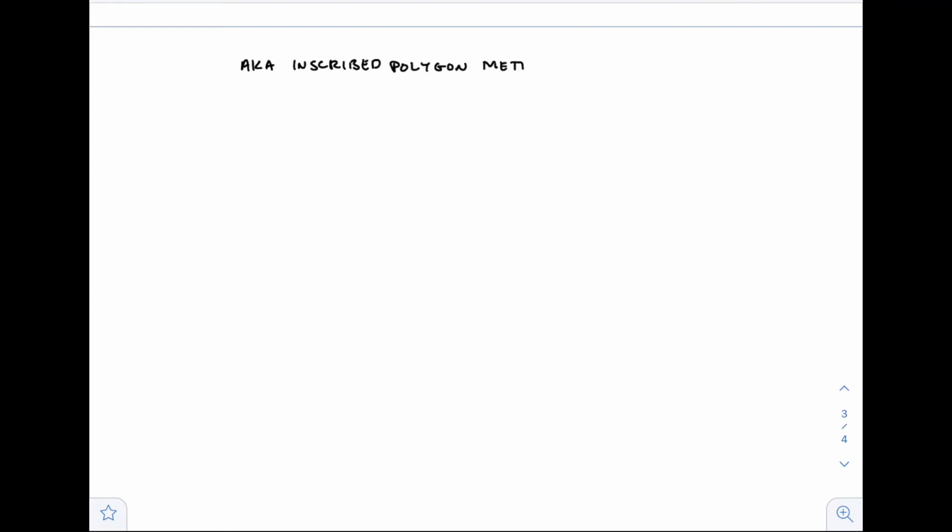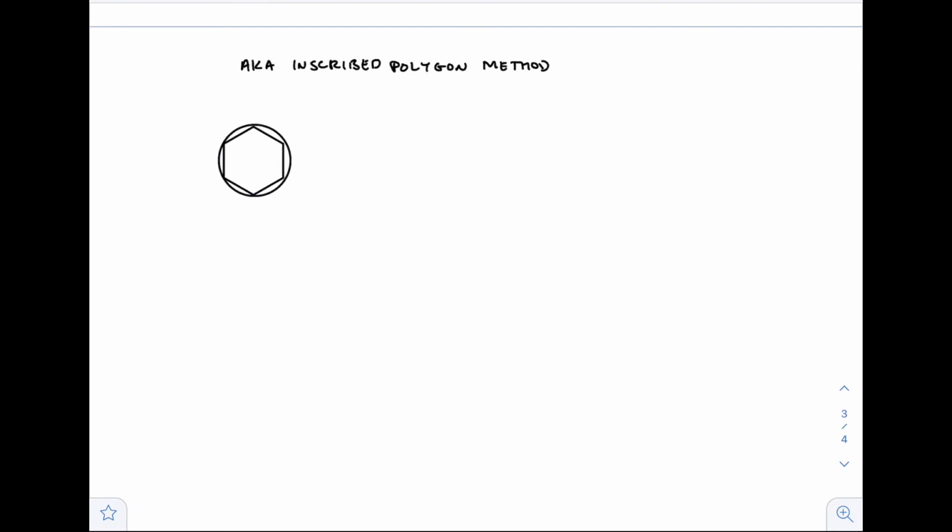Okay, so the reason why I brought up the fact that cyclooctatetraene would be anti-aromatic if it were planar is because I wanna touch up on that and explain why using Frost circles. So this is also known as an inscribed polygon method. Basically what we want to do is draw the ring in question and then draw a circle around that ring. And that circle needs to touch every point on that ring.